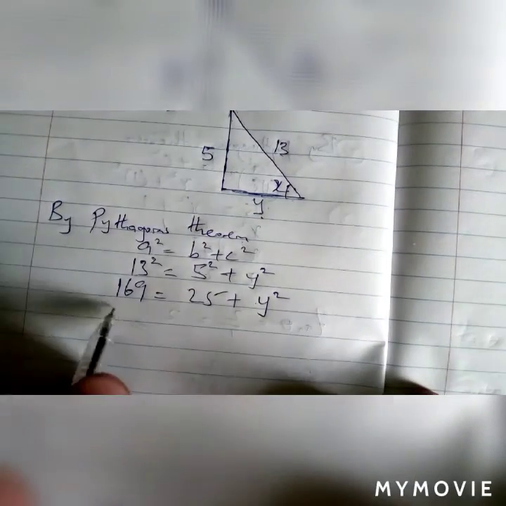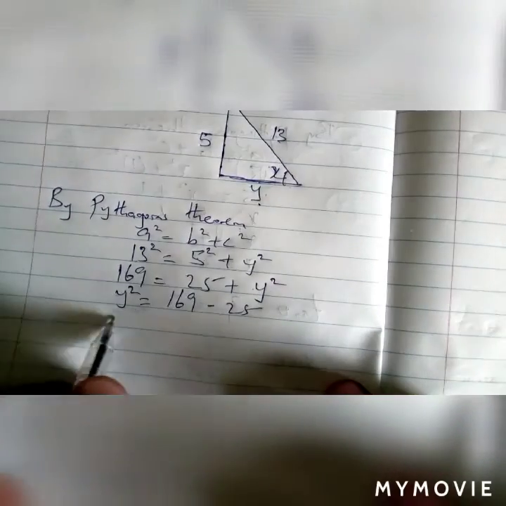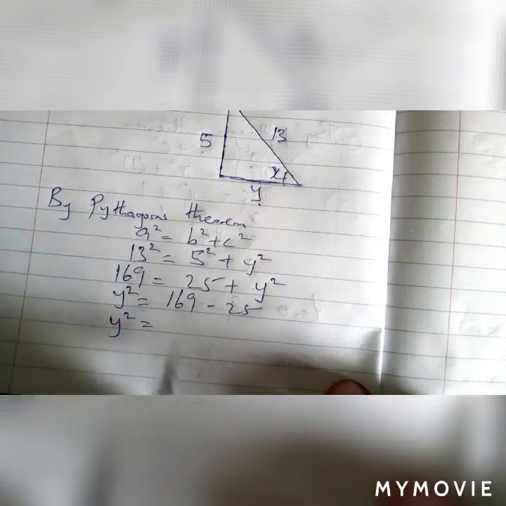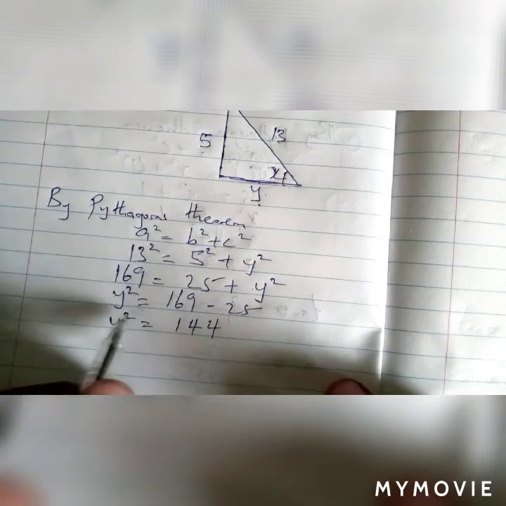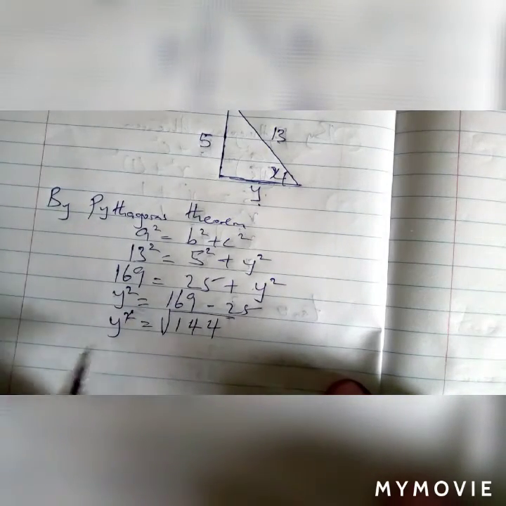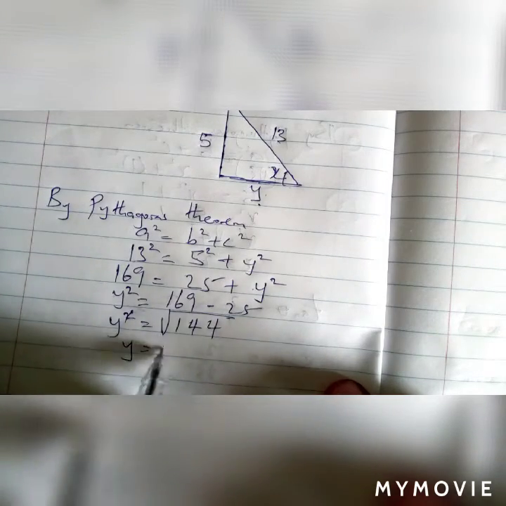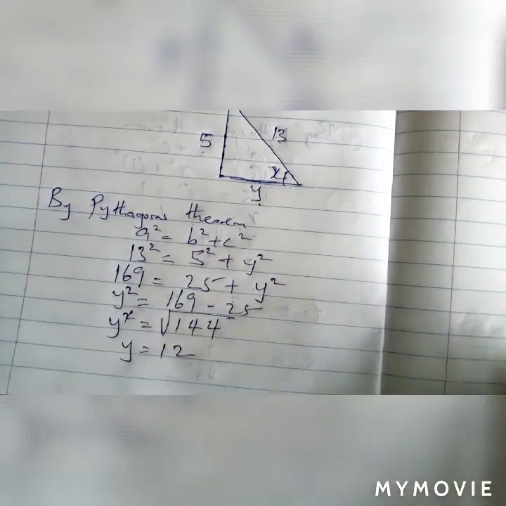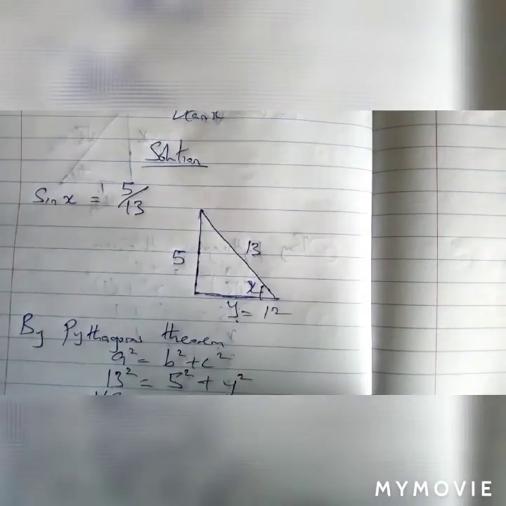Making y squared the subject, y squared is 169 minus 25, which is 144. Taking the square root, y is the root of 144, which gives us 12.